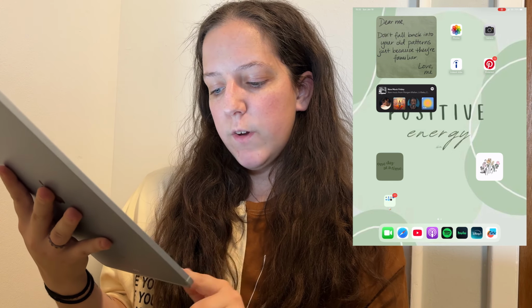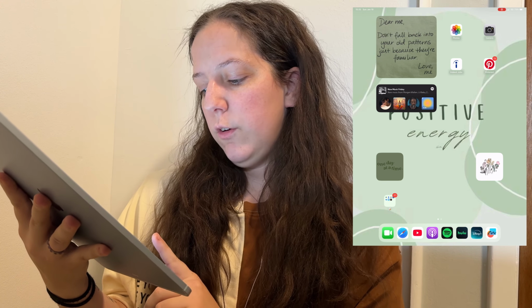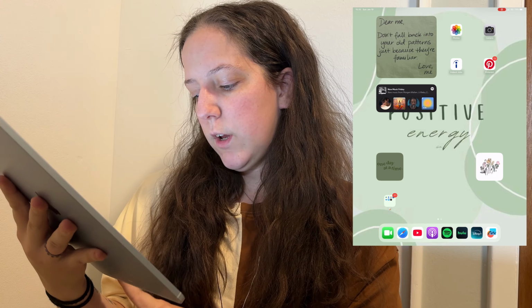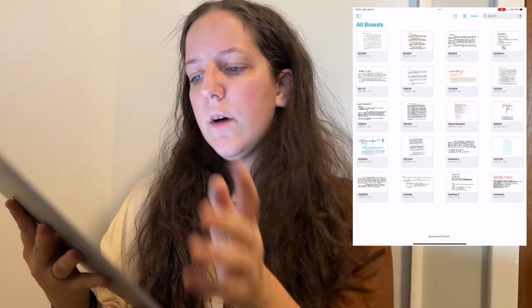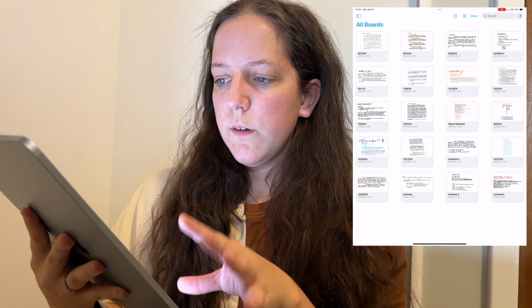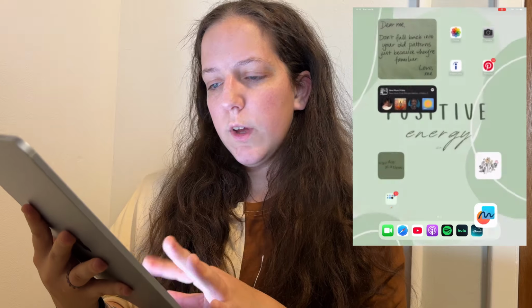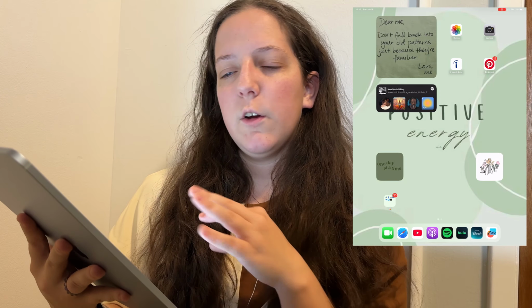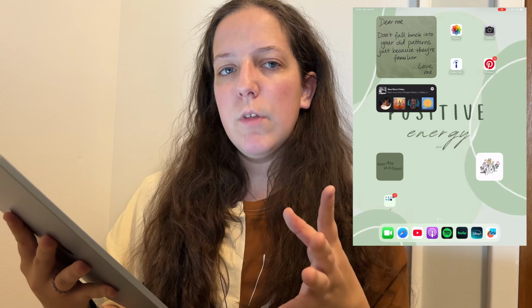On the bottom, I have FaceTime, Safari, YouTube, Podcasts, Spotify, Hulu, Disney Plus, and Freeform, I think is what it's called. I have a lot of journal entries in this. This is basically just a free write. If I need a free write instead of wasting notebook paper, I have that.